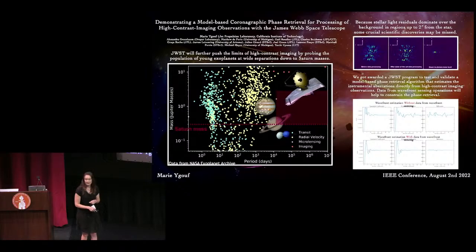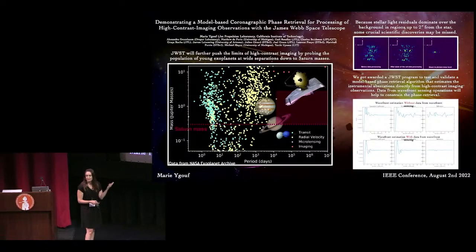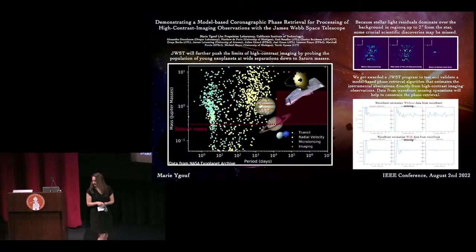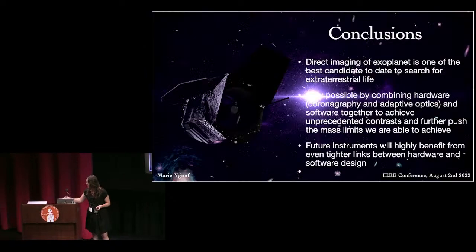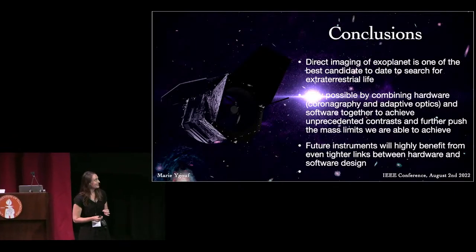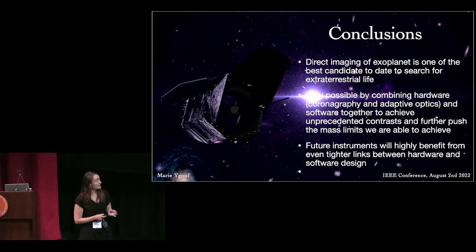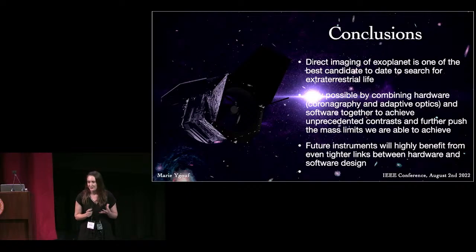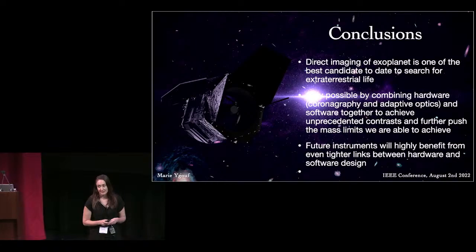So I think the time is out. If you want to learn more about it, I'm happy to talk more about that. Come to me or ask me any question you might have. And I leave you with my conclusion slide, which summarizes a little bit what I said: the direct imaging of exoplanets is one of the most promising techniques to search for extraterrestrial life.